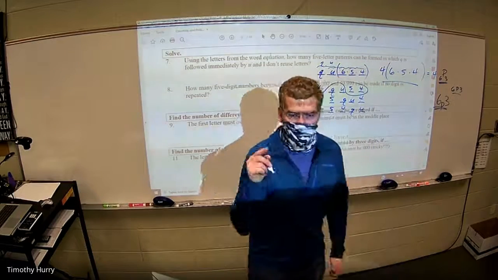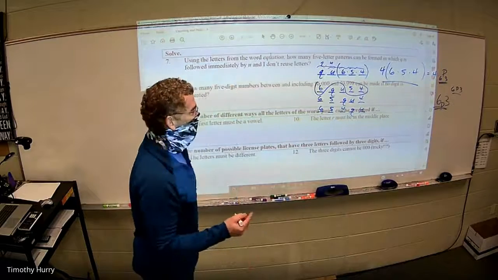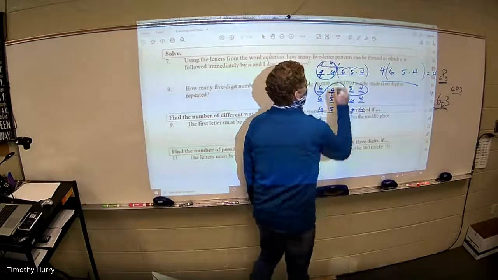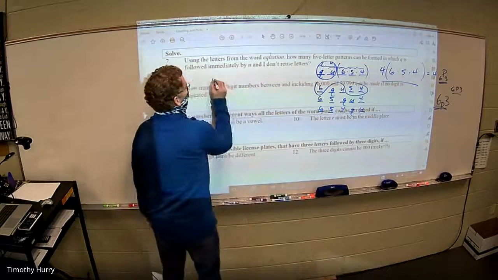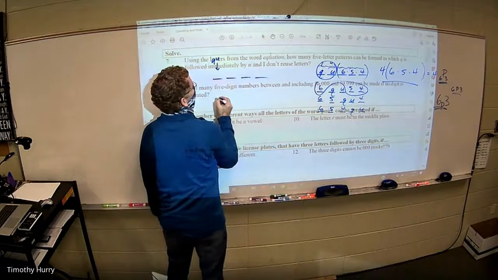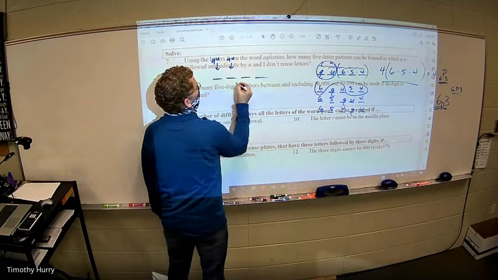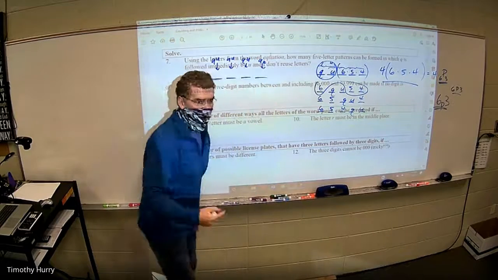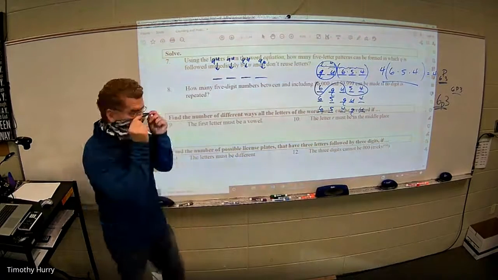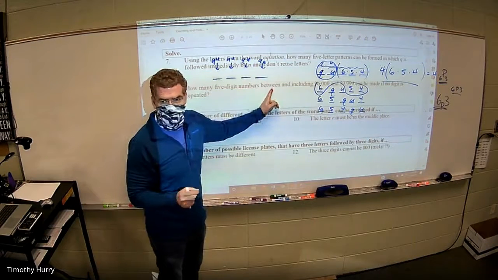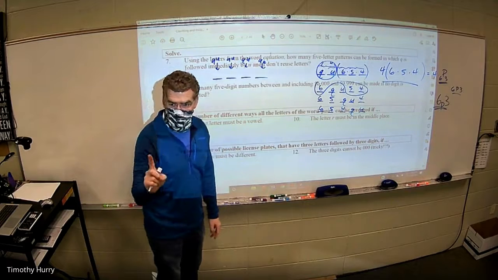Now, if you think like Lily was thinking, she said, well, QU is stuck together. So it's almost like one option. And if you think about it as one option, like, hey, if I put the QU in there, it's going to go there, or there, or there, or there. Couldn't I say, hey, there are 4 places to put the QU, but I'm only going to place it 1 time.